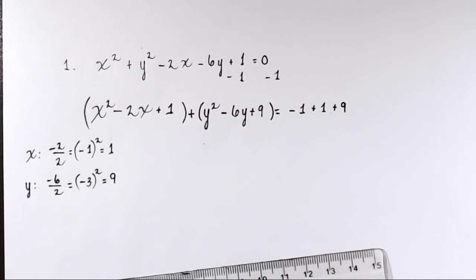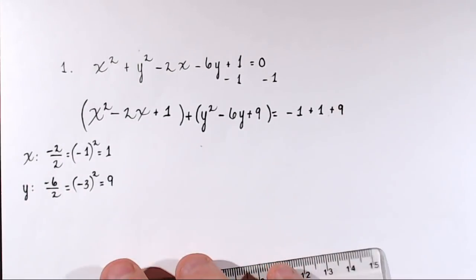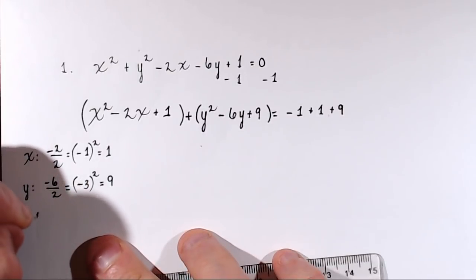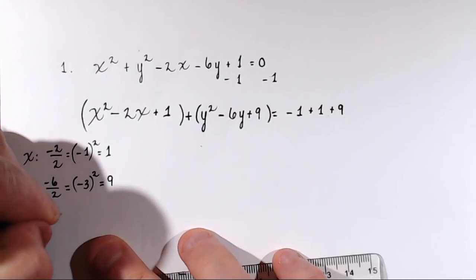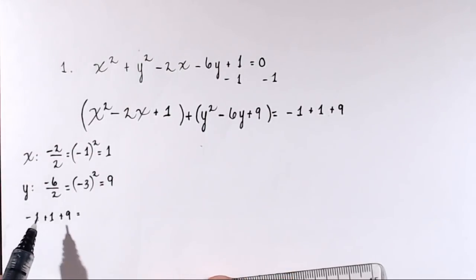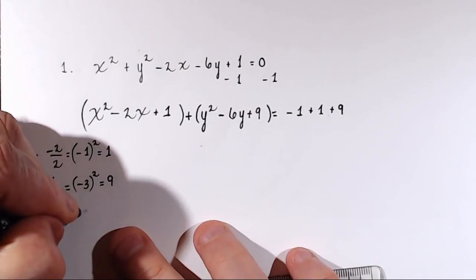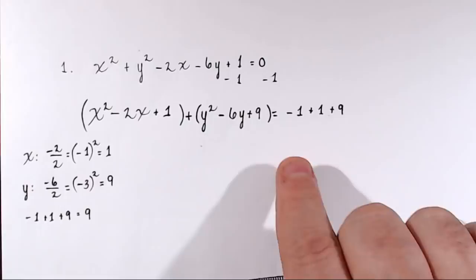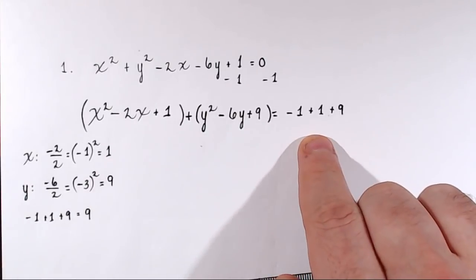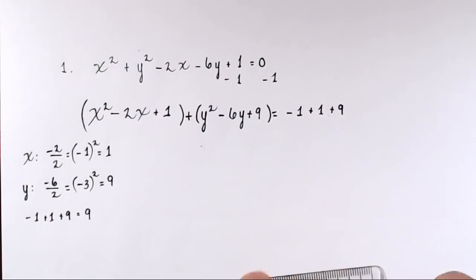Okay? So, over in our side work area, we can clean this up. -1 plus 1 plus 9 equals, well, math problem. -1 plus 1 is 0. 0 plus 9 is 9. So when I get back to the right side of the equation, I'll rewrite this as just 9.